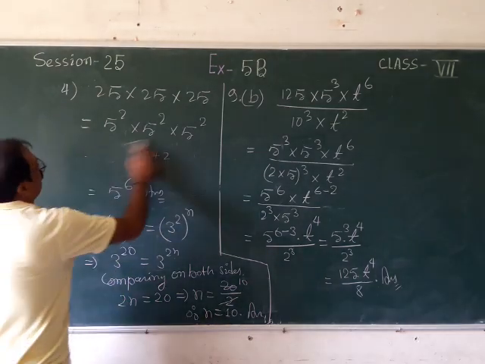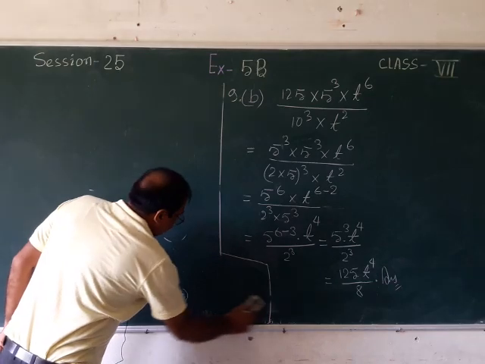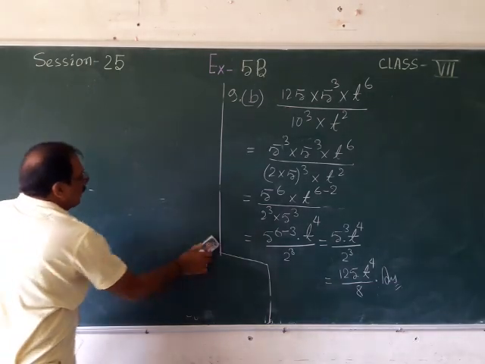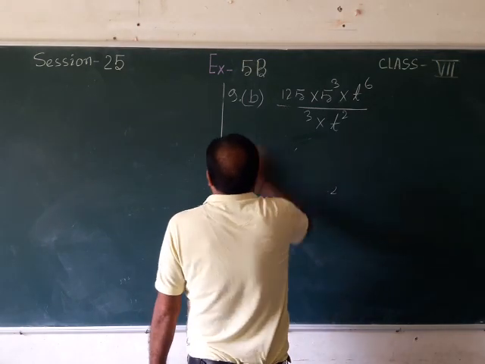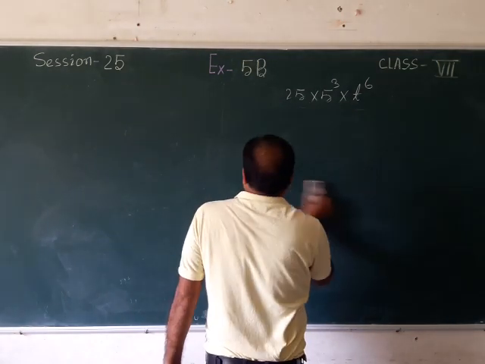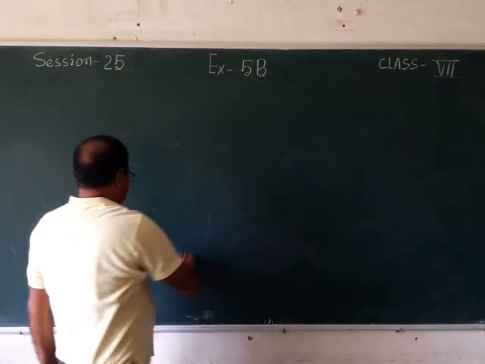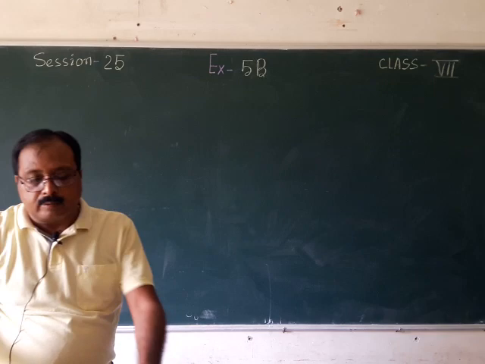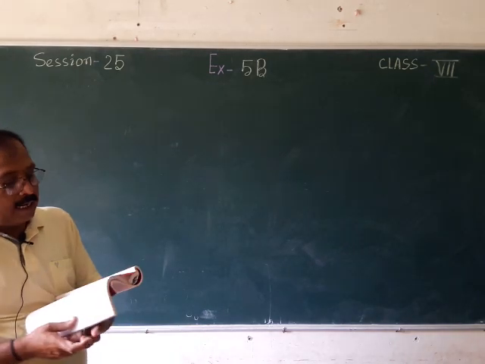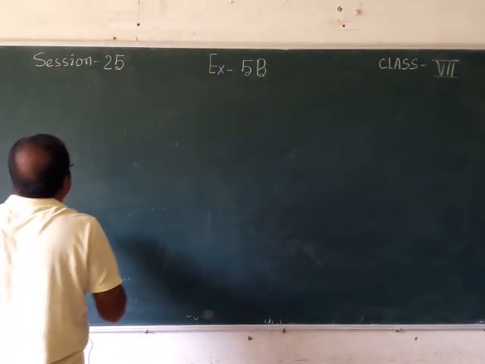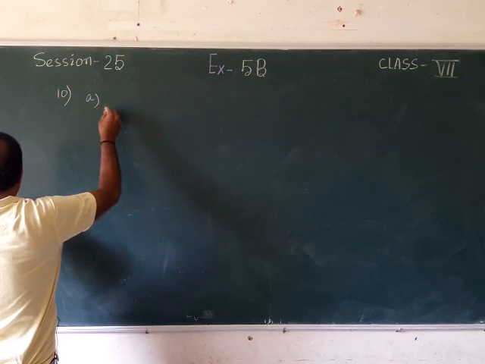So let me show a few questions from question 10 also, so that you can do the rest as your homework. In that question you need to solve and write the answer in exponential form. So question 10A is there.